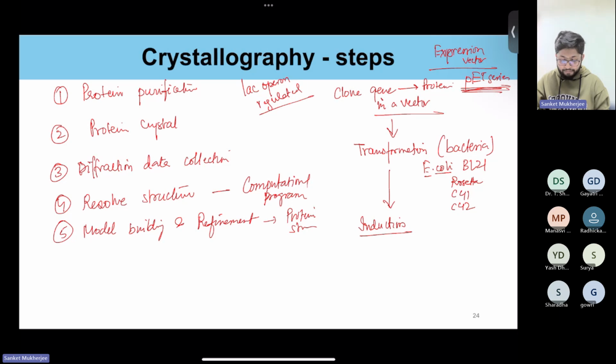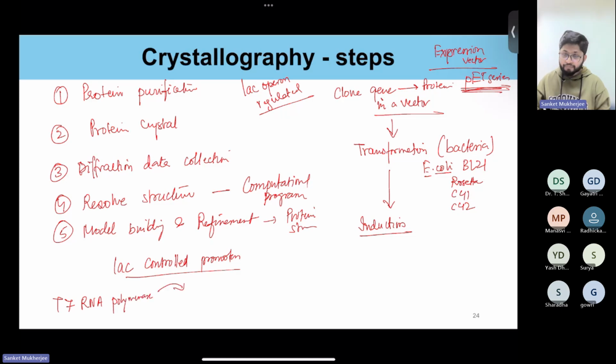So these lac controlled promoters: basically what happens in the bacteria is that T7 RNA polymerase controls the promoter in your vector, and you will only get your own protein.